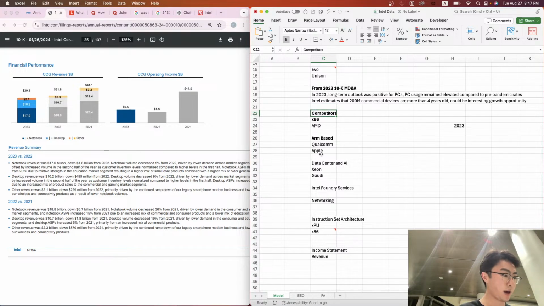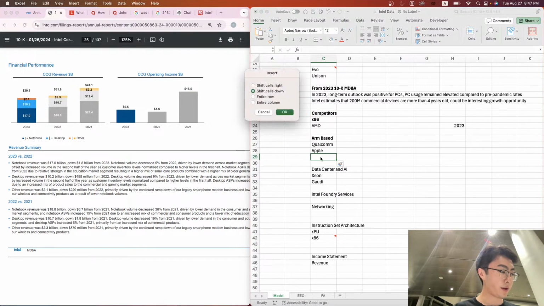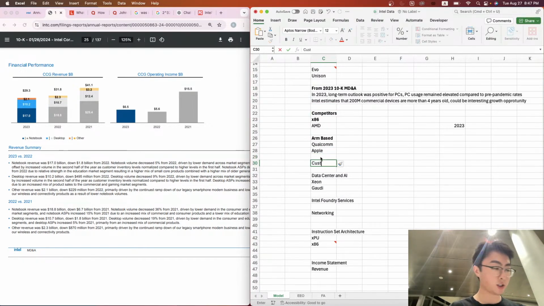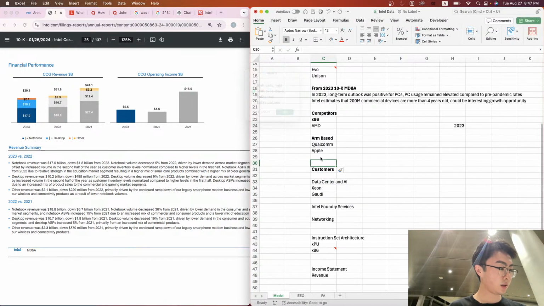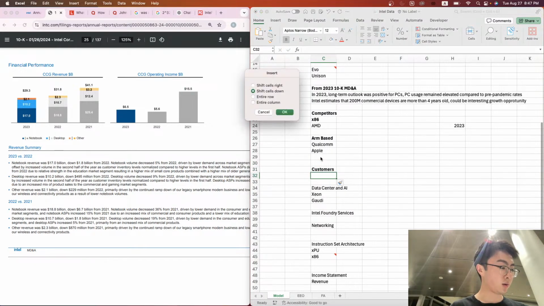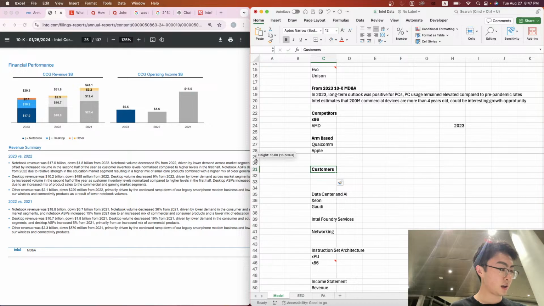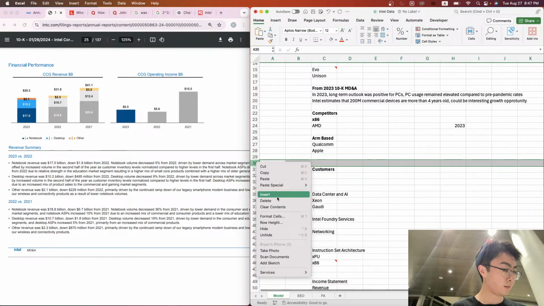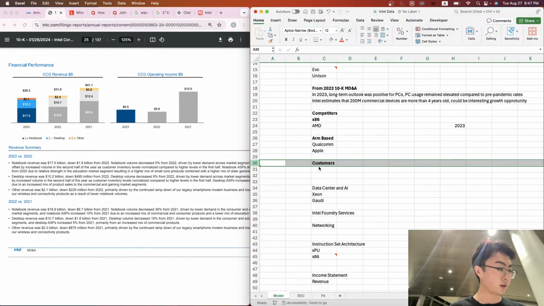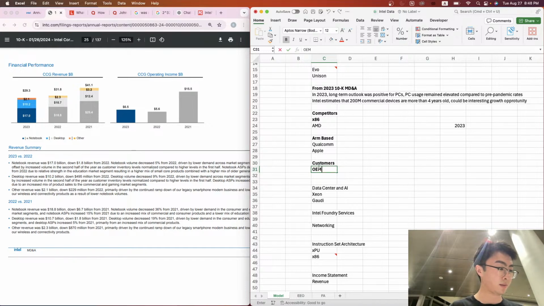We do have their competitors. What about their customers, right? So customers. So when we think of customers, let's first take a look at some OEMs. Okay, so HP.